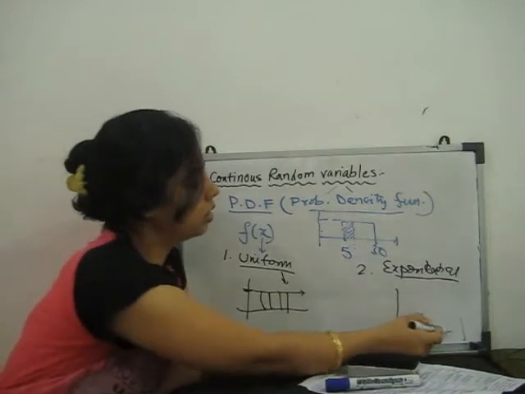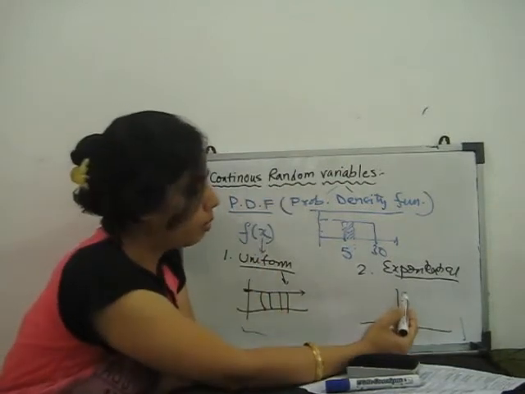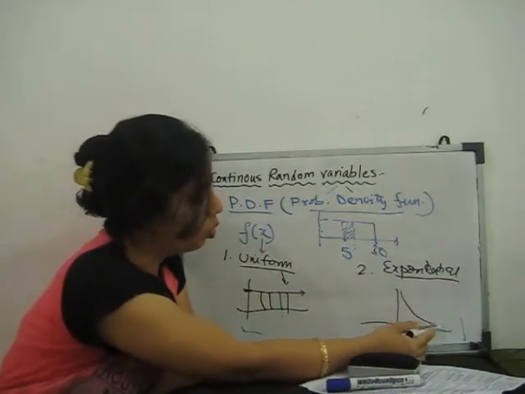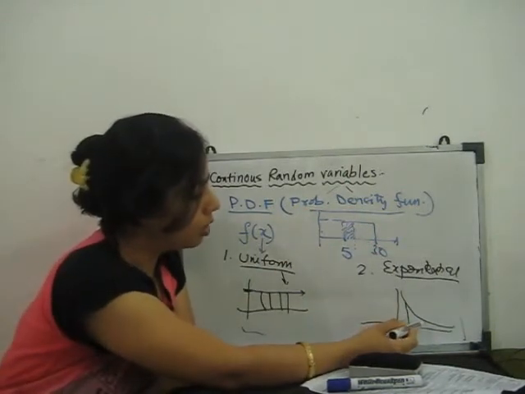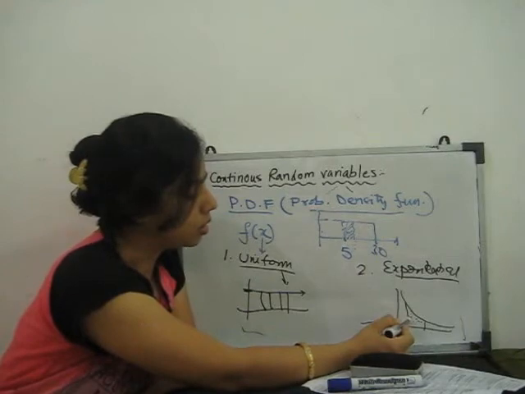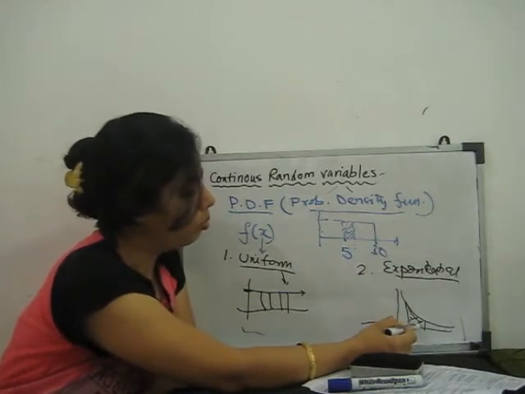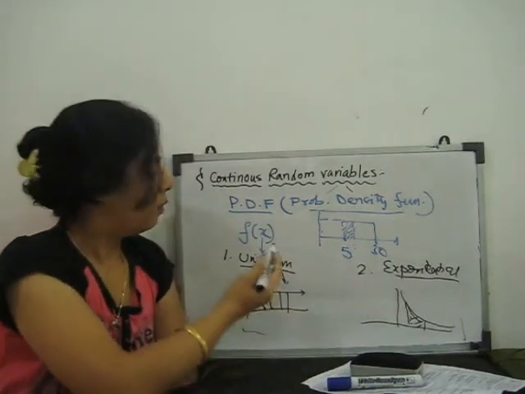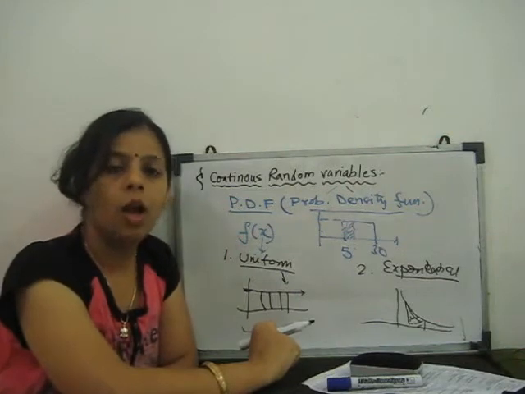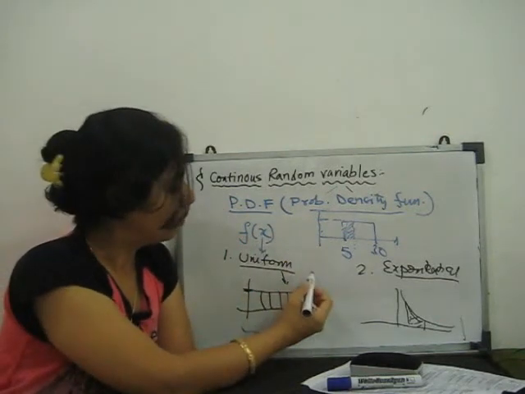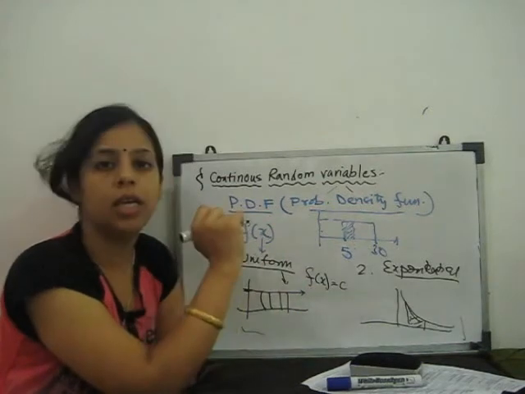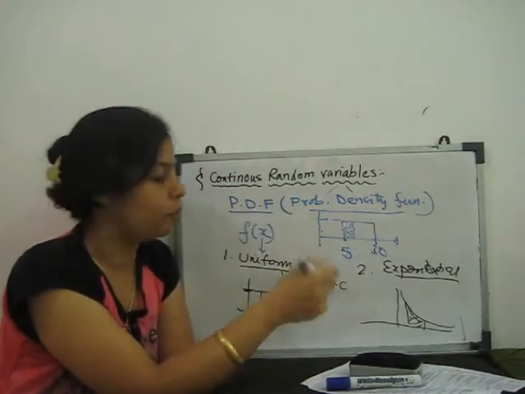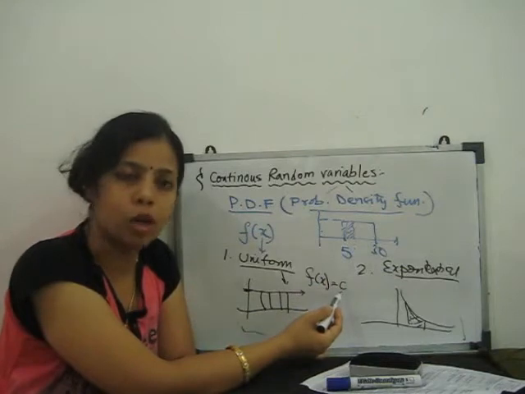For the exponential probability density function, it goes like an exponential curve, so it depends on this area. We discuss both. For the uniform variable, the probability density function f(x) is always given by a constant c, or any constant. At the end we have to find the value of this.